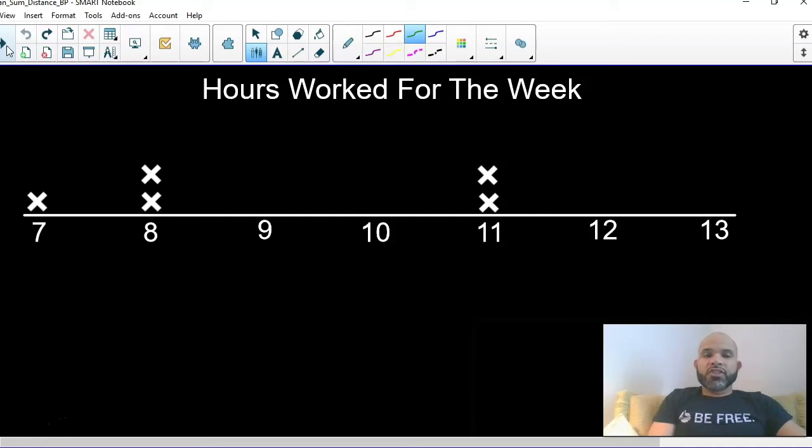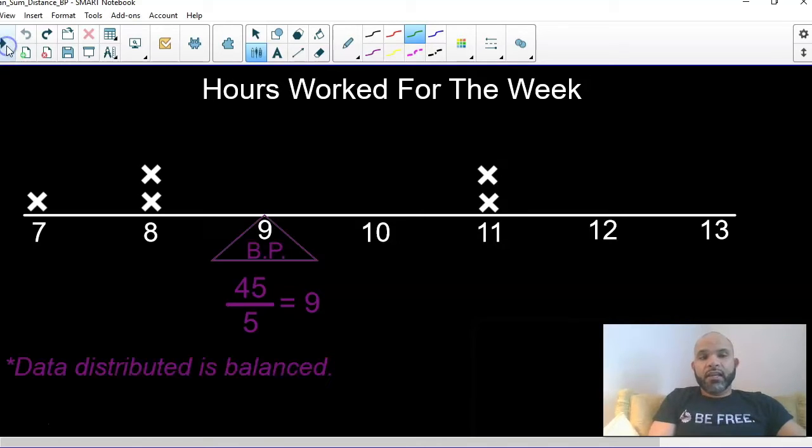So to check the balance distribution, we're first of all going to have to find the balance point, okay? So we find the sum is 45. We divide it by 5 because there's 5 points, and we get a mean of 9. In other words, a balance point of 9.